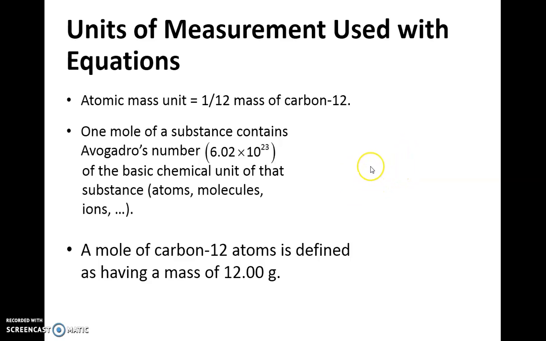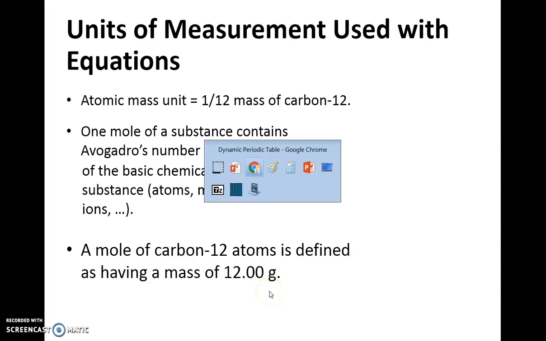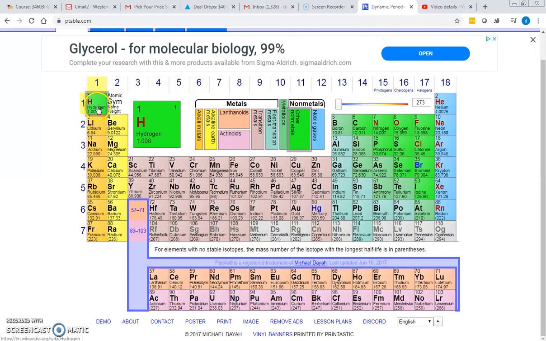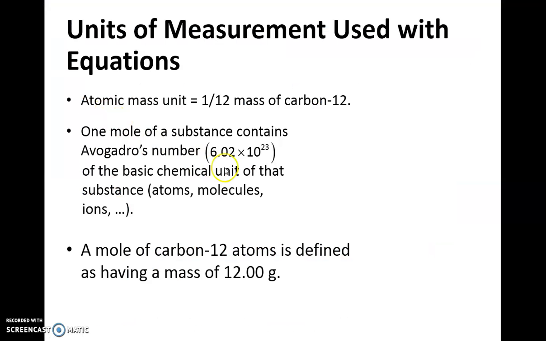Essentially, if we have 1 mole of carbon-12, then we have a mass of 12 grams. If we had 1 mole of hydrogen, we're going to have 1 gram of hydrogen, and so on and so forth. We'll examine that more in a moment.